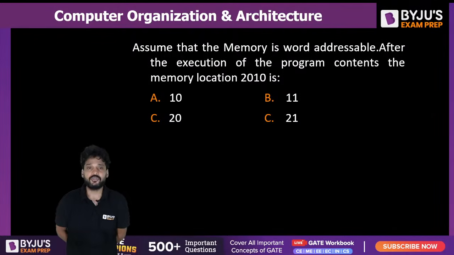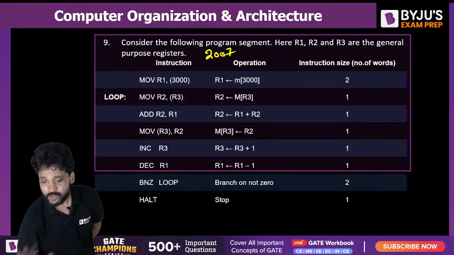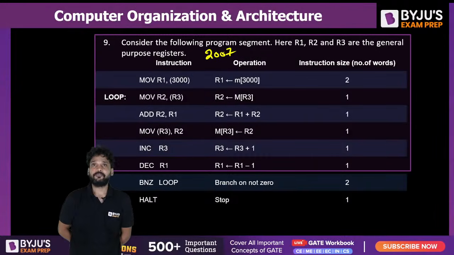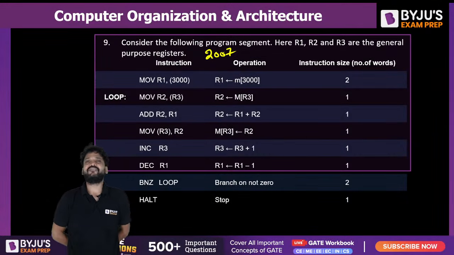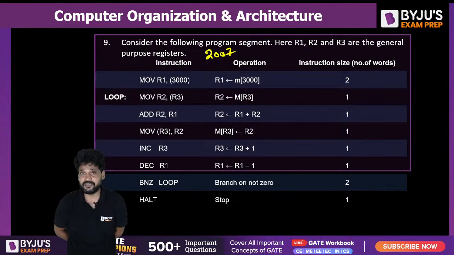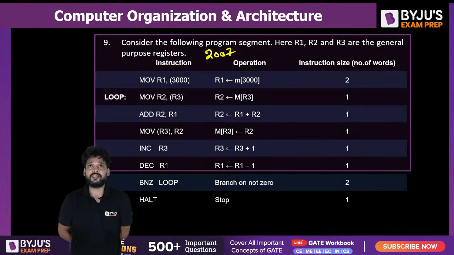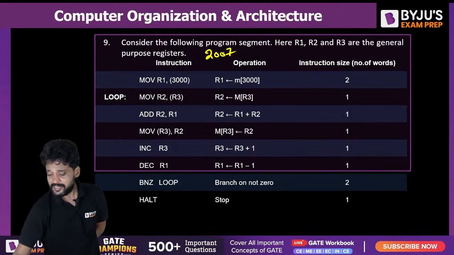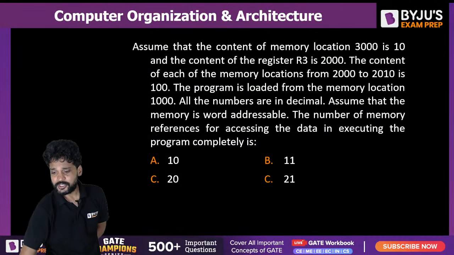So this is your homework. Solve this question precisely, and solve all such questions where some machine language program is given with some details, and based on the details you are asked a few questions.